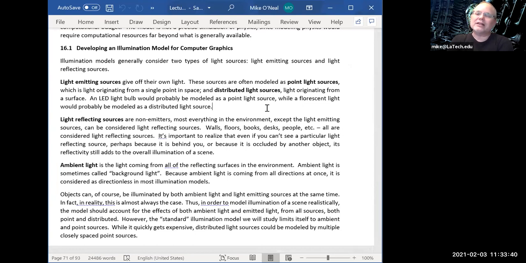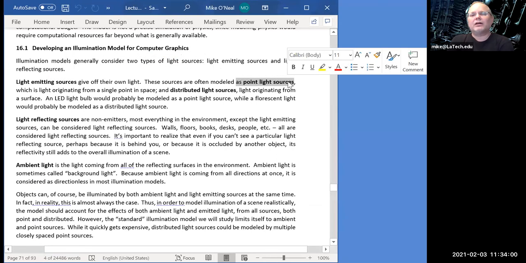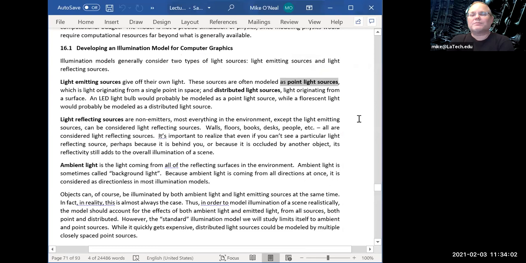A point is an infinitesimal mathematical position in space. There are no points in the real world. But in our computer model, all of our light emitting sources, at least in this class, will be point light sources, just because they're easier to model.